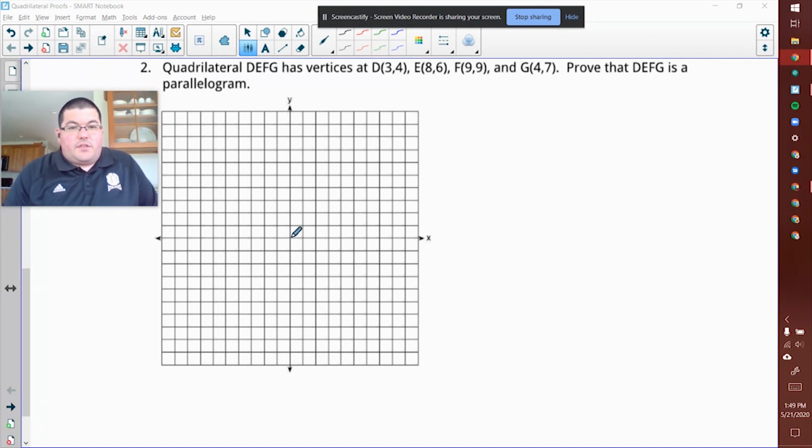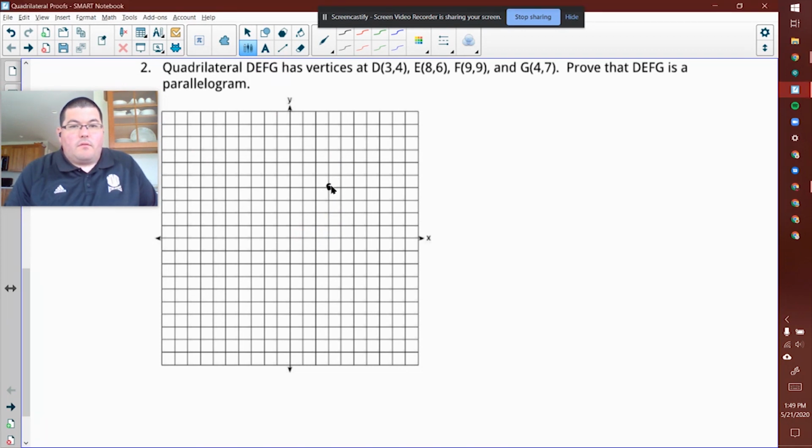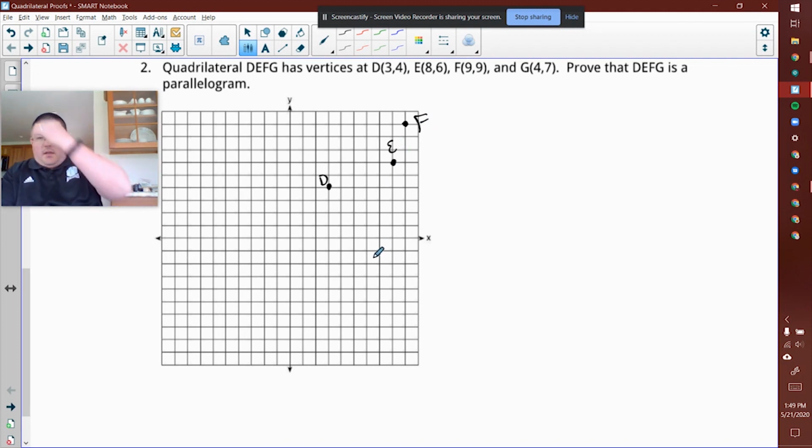We know that the vertices are at 3, 4, each 6, 9, 9, and 4, 7.